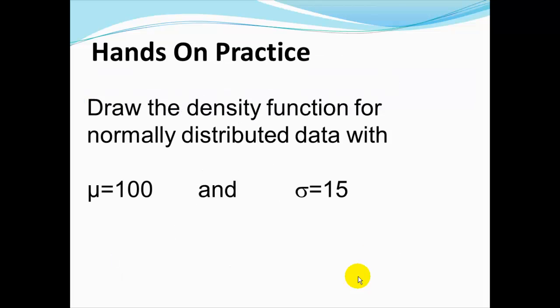Let's draw the density function for normally distributed data with a mean of 100 and a standard deviation of 15. You should pause the video at this time and draw this curve.